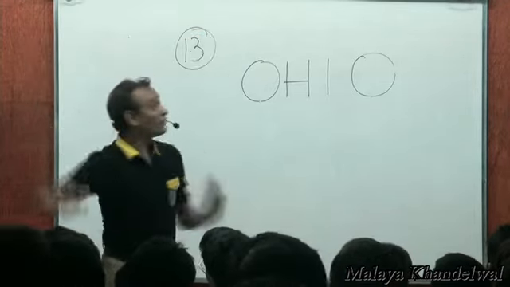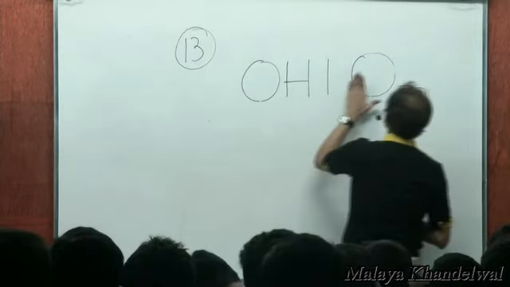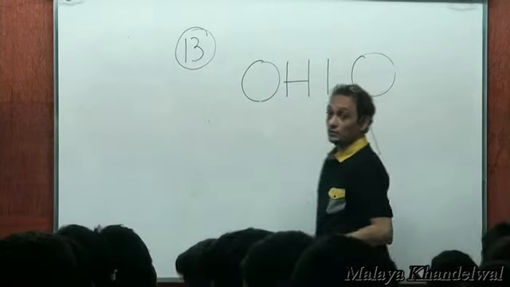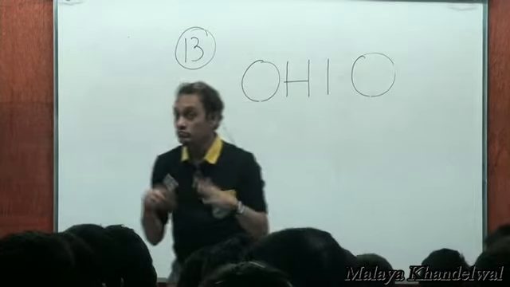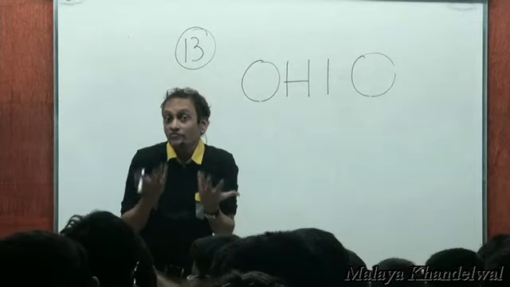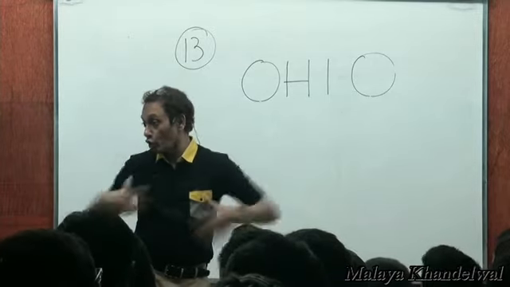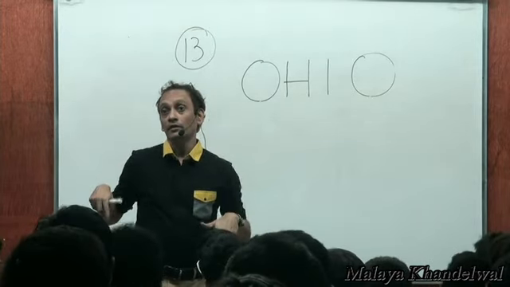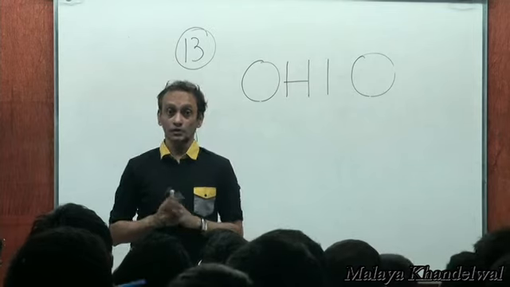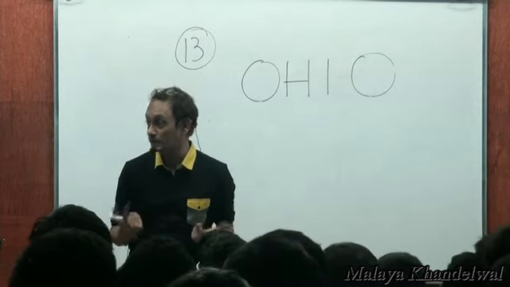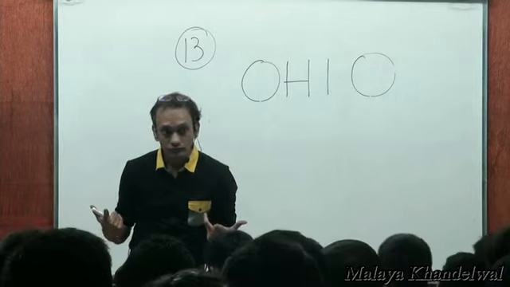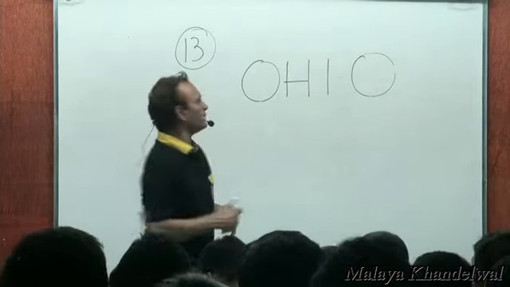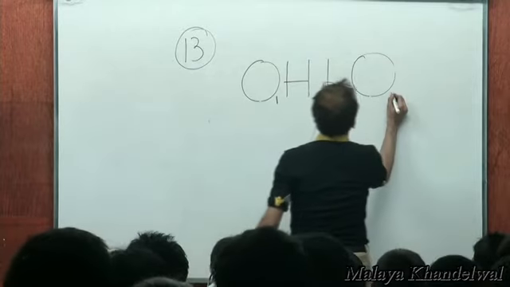I want to find the total number of rearrangements, despite 2 O's being the same. But I have knowledge of the case in which they were all different, then it would have been 4 factorial. But here we have a different situation. There are 2 letters that are alike. For a while, let me assume that they are different. Let me call one O as O1, the other O as O2.